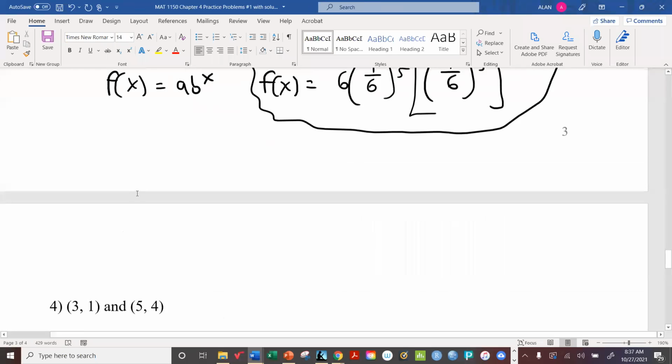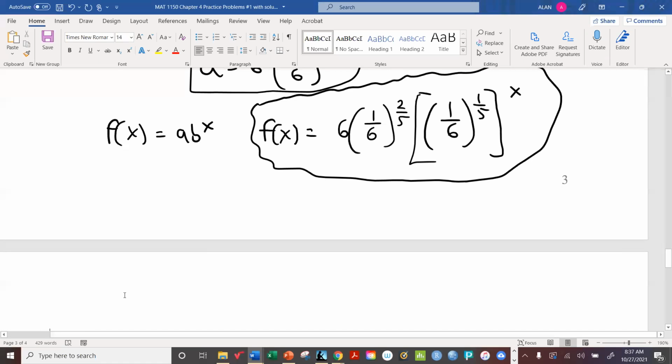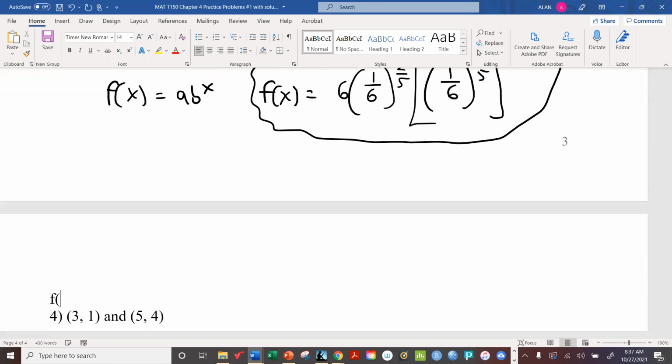In other words, it turns out that this can also be rewritten as approximately 2.93 times 0.6988 to the x power. Now that's only approximate. If you need the exact value, don't do that.